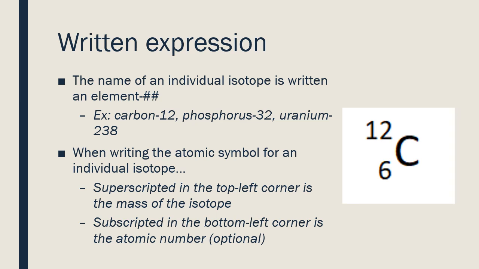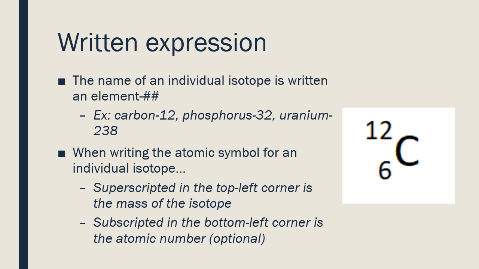A quick note about written expression for elements. When we give the name of an individual isotope, it is generally written as element, hyphen, and then the number for the mass. Examples of this might be carbon-12, phosphorus-32, uranium-238. When you write the symbol for it, you'll notice here on the right there is an example of the symbol that includes both the atomic mass and atomic number.